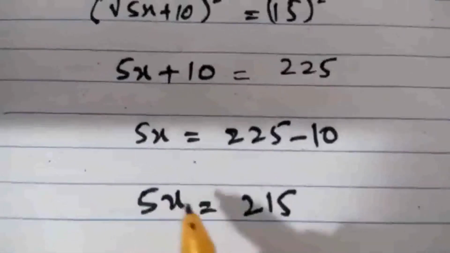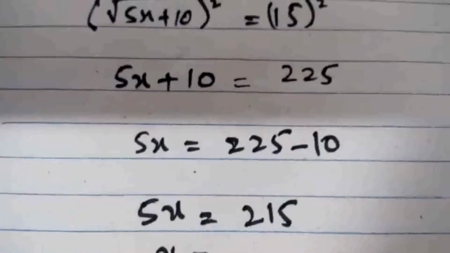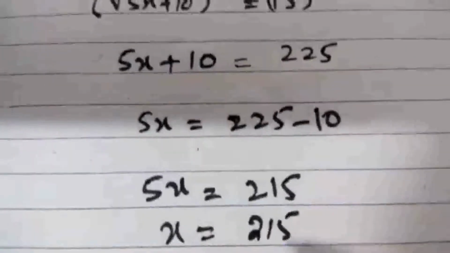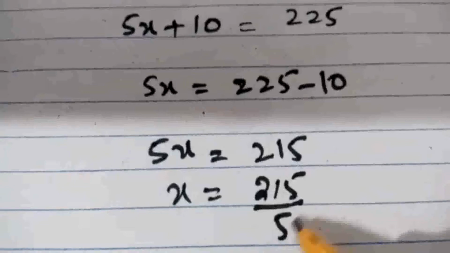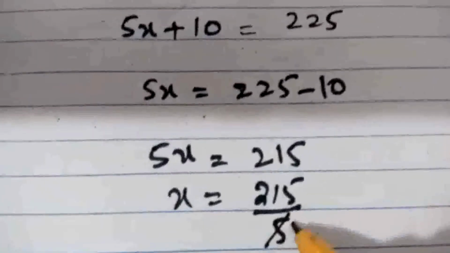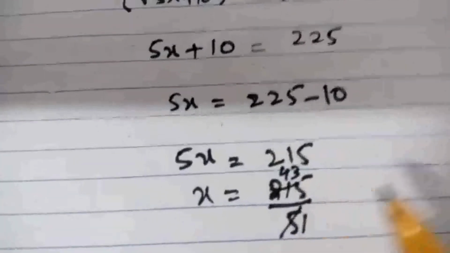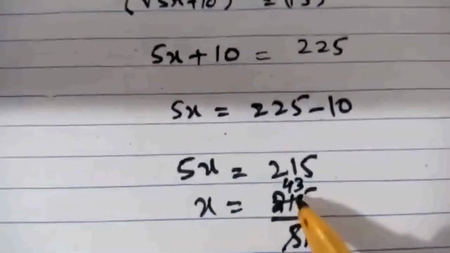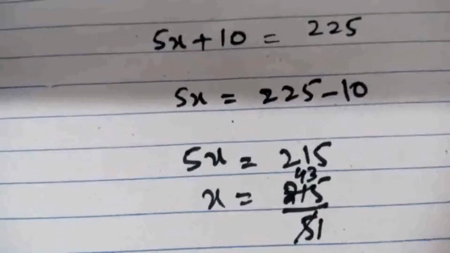Then you see that 5 is multiplying x, so to get the value of x we shift 5 to the denominator and see what cancellation we can perform here. 5 ones are 5, 5 fours are 20, and then 5 threes are 15. So 5 goes 43 times into 215. Now the value of x is 43.